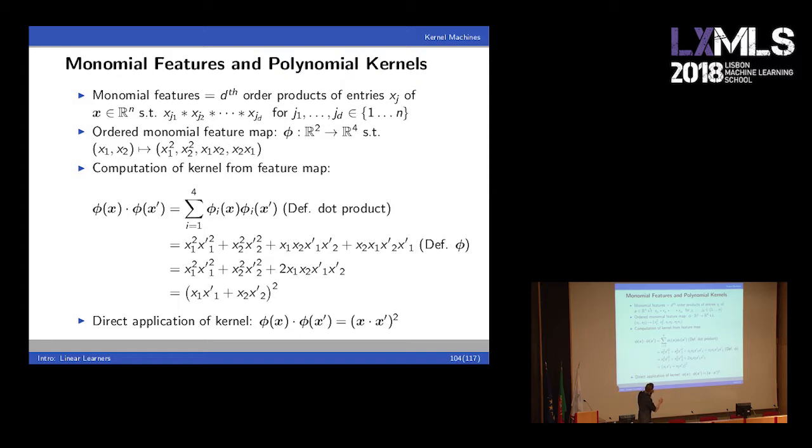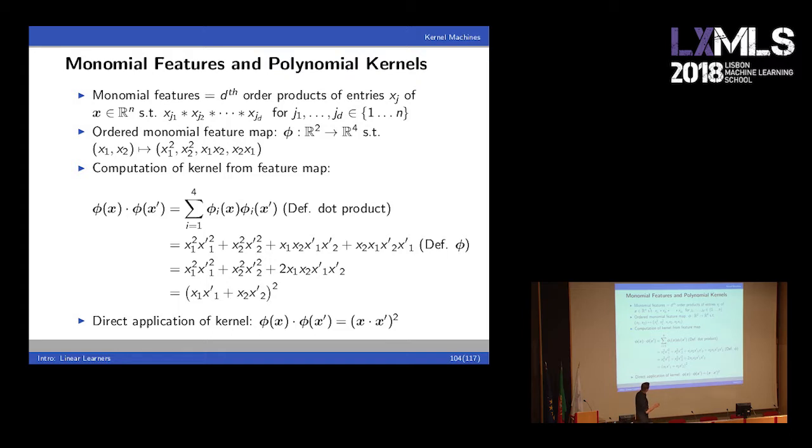One of the well-known feature representations that allows nonlinear classification is the monomial feature vector. It's basically just an ordered and disordered product of the entries of your feature vector.